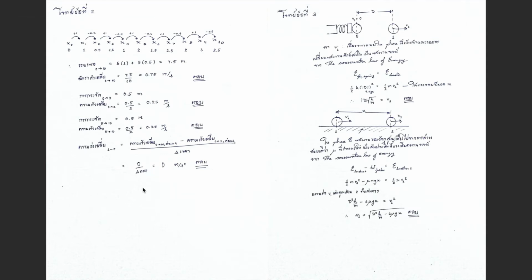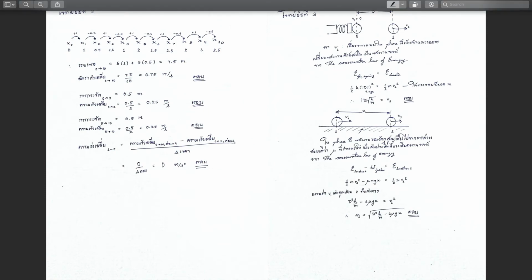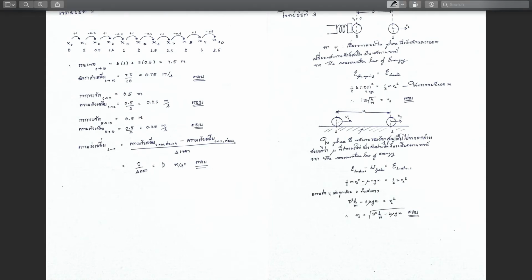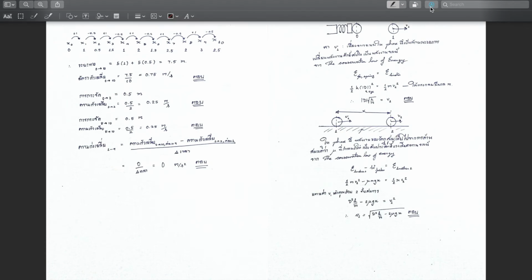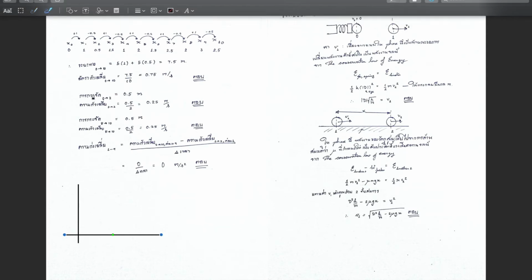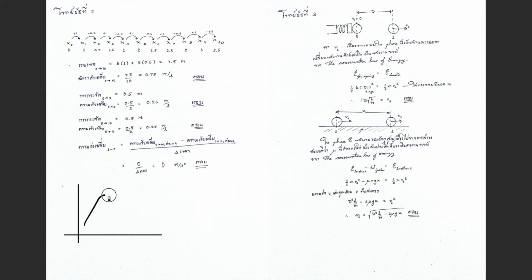You can just imagine it like this. Assume that we have the coordinate graph, the v and t, and I'll draw along the pathway.